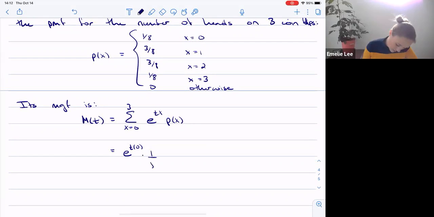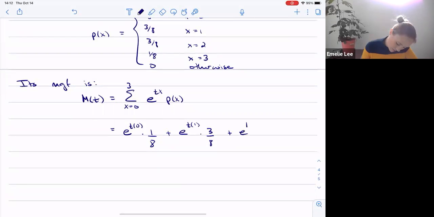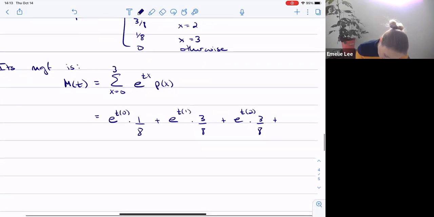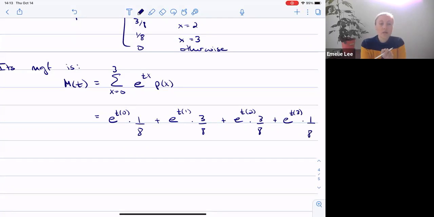So times 1 over 8, plus e to the t of 1 times, well, if x is 1, p of 1 is 3 over 8, plus if x is 2, e to the power of t times 2 times p of 2, which is also 3/8, plus, and then finally, e to the t times 3 times 1/8. Well, the other ones would be times 0, so they don't matter, and that's fine.